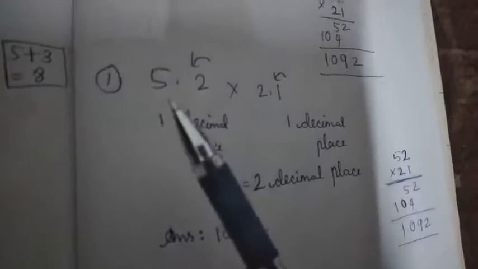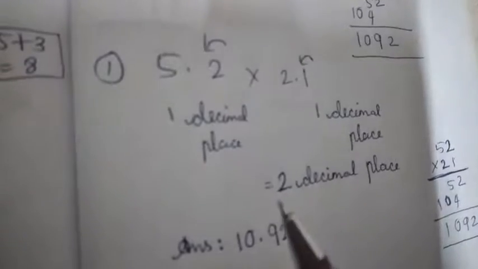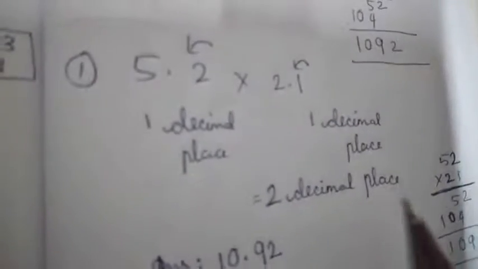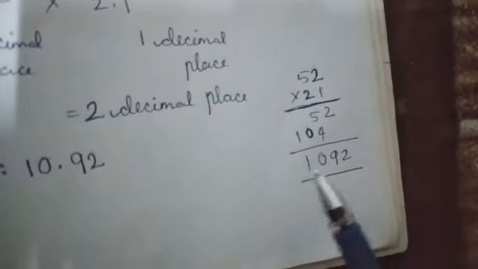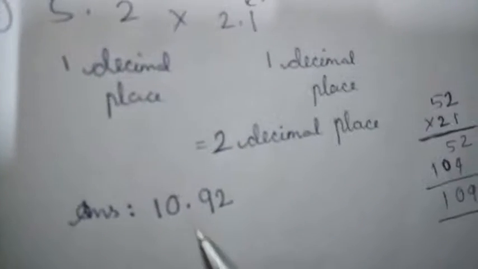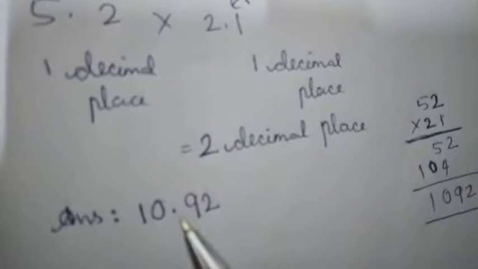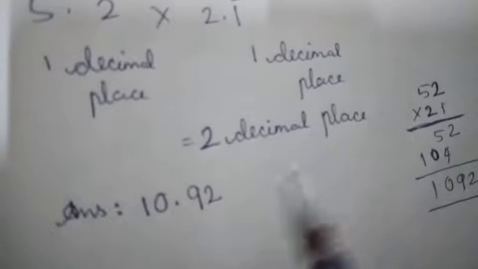Here also I have written it very clearly. I will explain. 5.2 into 2.1. So count the decimal places on both sides. We got 2 decimal places. Now multiply the given sum as a whole number. We got the answer 1092. In this, to write the decimal place, count. We got the 2 decimal places, right?